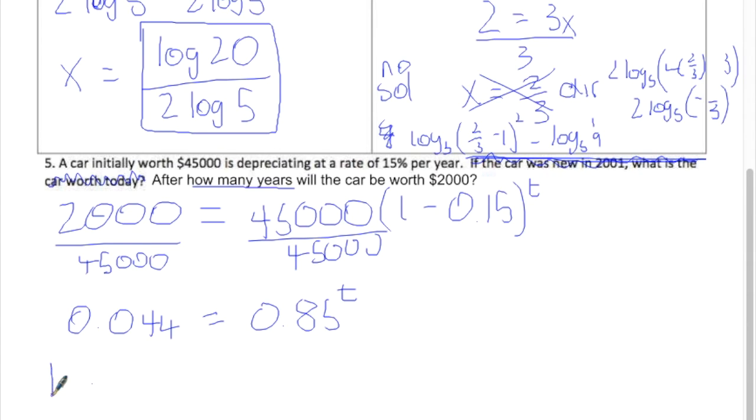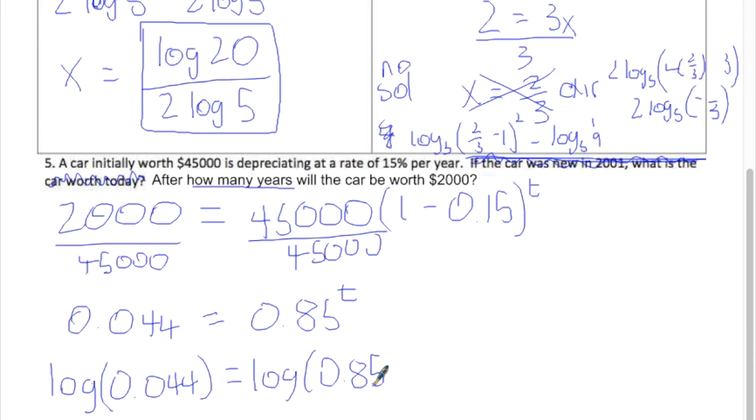So we do log of 0.044 equals log of 0.85 to the power of t. Again, the reason for doing that is now we can use that power property of logs and move this t over here and turn it into a coefficient.